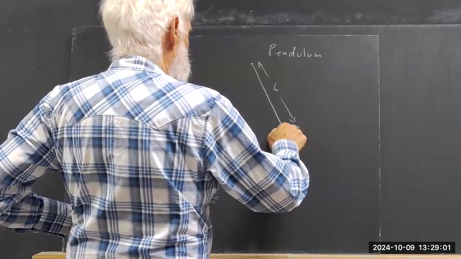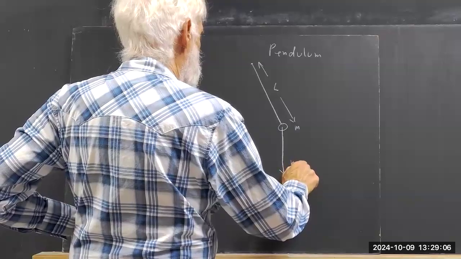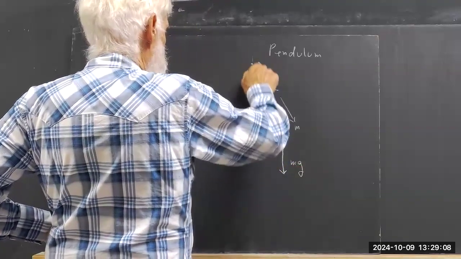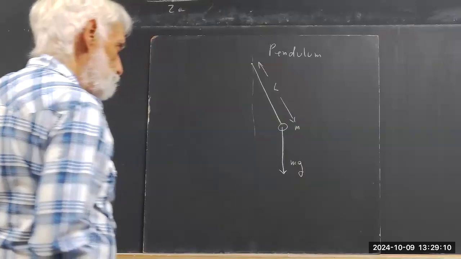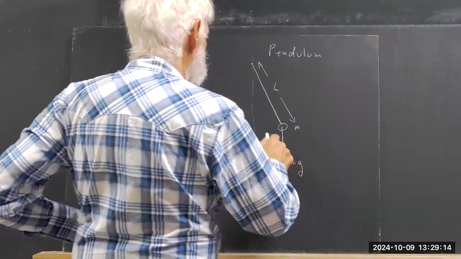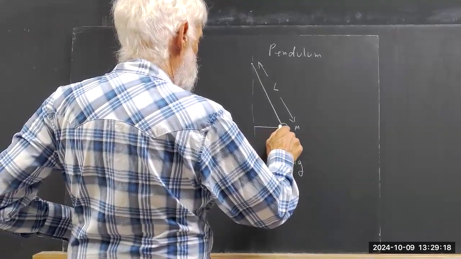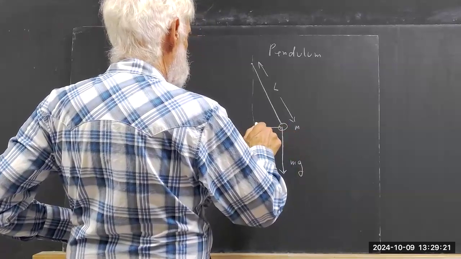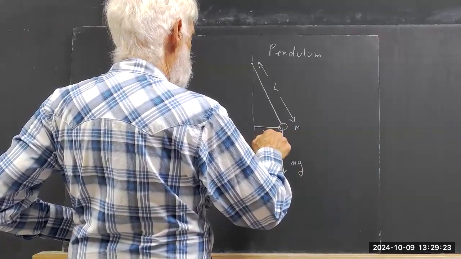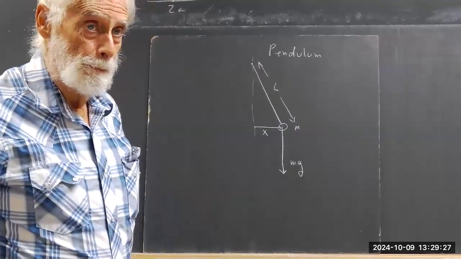It's a simple pendulum, so it's actually treated as a point mass. We're going to have mg down. I want to know what the force is here if I move this back at distance x from equilibrium.